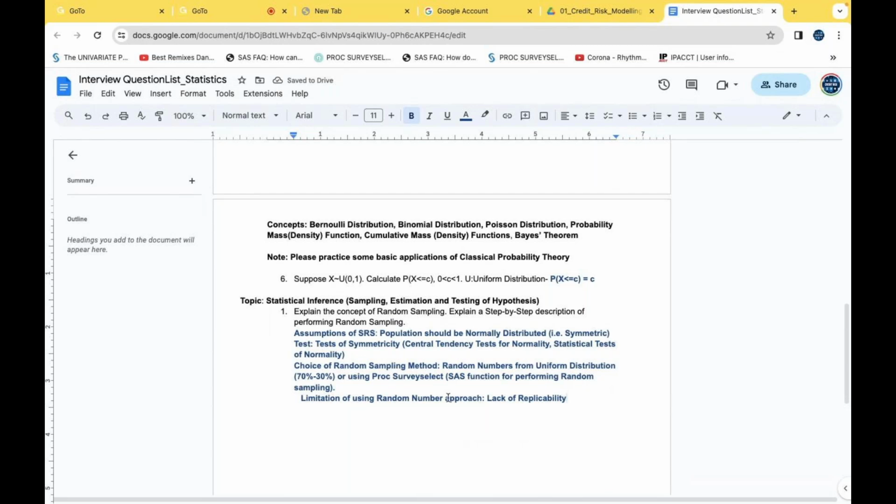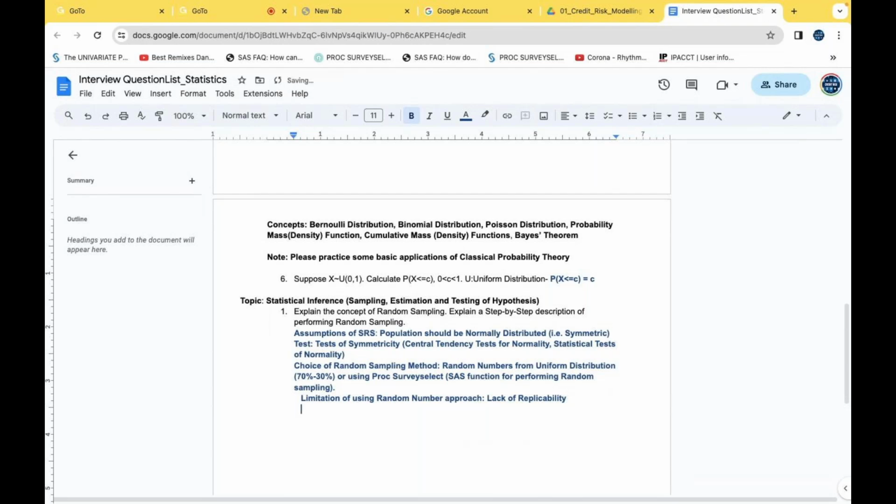Because when you are using random numbers, it's a bit difficult in SAS to freeze the sample. Now, in Python, you use a random uniform distribution, you split it into 70-30, but there is this seed function which you use, you put a seed equal to 1, which freezes the sample. So that problem of replicability using the RANUNI function is not there in Python. But in SAS, if you're using a RANUNI approach, there is a lack of replicability. So there can be a lack of replicability issue.